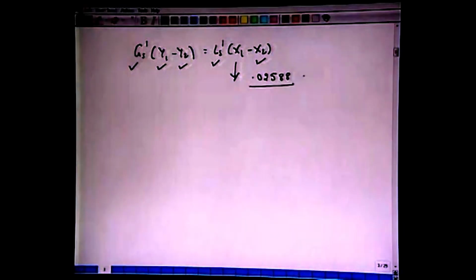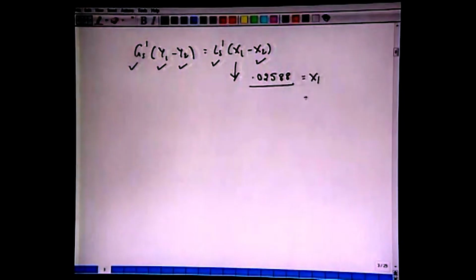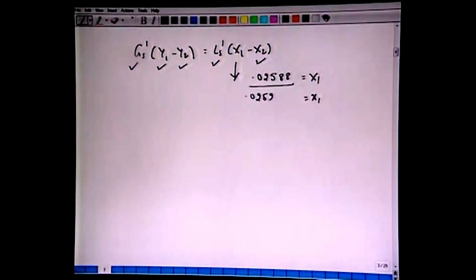So the spent liquor concentration is x1, and if you convert this into mole fraction, based on the solute, then we have 0.02523 as the mole fraction of sulfur dioxide in the spent liquor. So of course this part of the problem can be solved analytically and also graphically. You will get the same results.